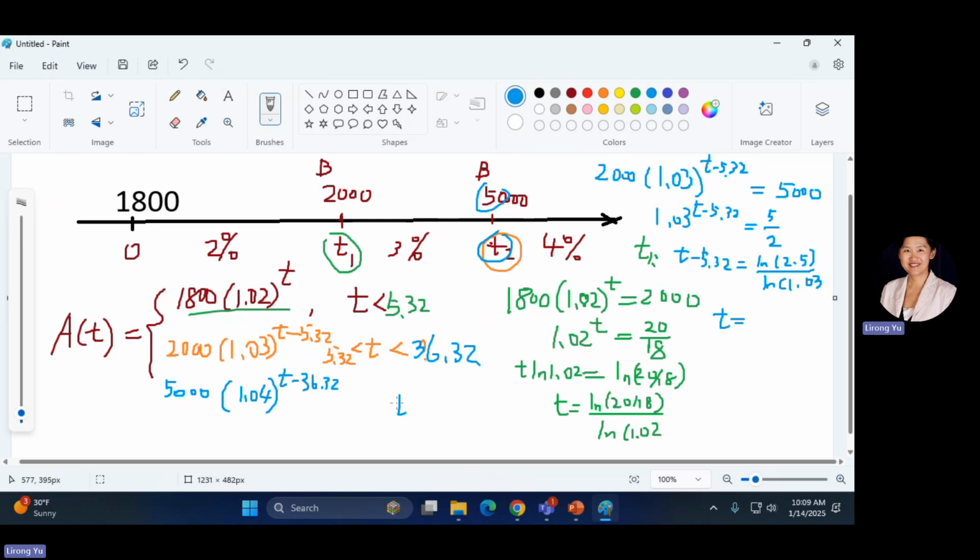This is for the time bigger than 36.32. This is going to be our accumulated amount function, the amount of money in the account. Any question? It's a little bit more complicated.